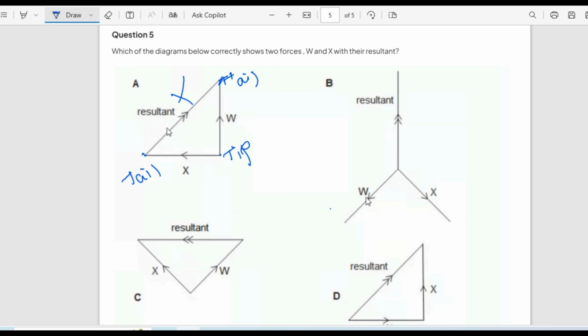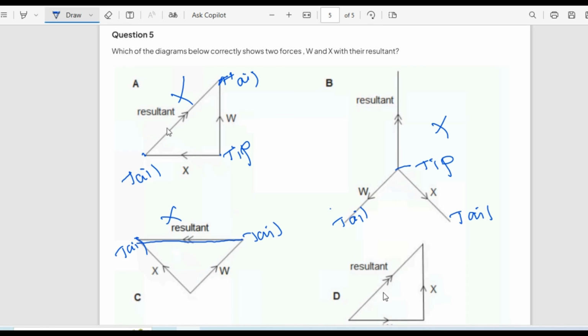Now come to this one. As you can see, the arrow is heading towards this side, so this will be the tail of this one, and for this one also this is the tail. That means the tip of both vectors is here and the resultant vector is coming from this one. Again, this is also wrong. Now look at the third one. The arrow is heading towards this side, so this is the tail of the X vector, and this is also the tail of the X vector. So you can see again we're getting the resultant vector by joining tail to tail.